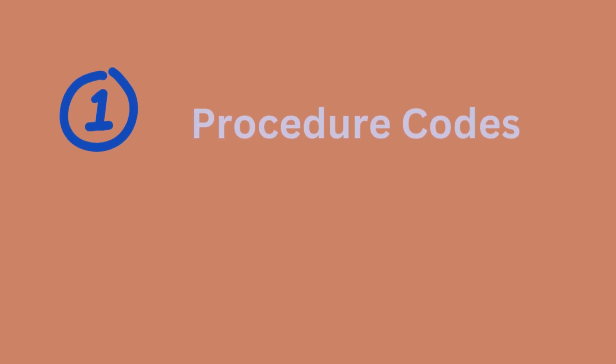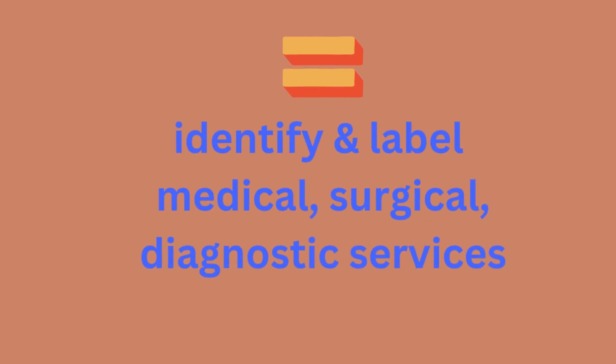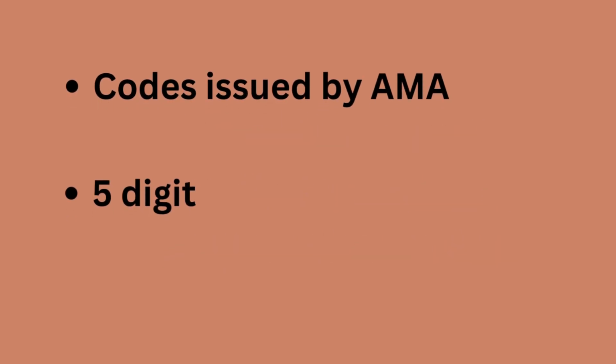So let's start with the procedure codes. There are three. The first one is CPT. It is used to identify the medical, surgical, diagnostic services that you may receive. These 5-digit codes are issued by the American Medical Association.